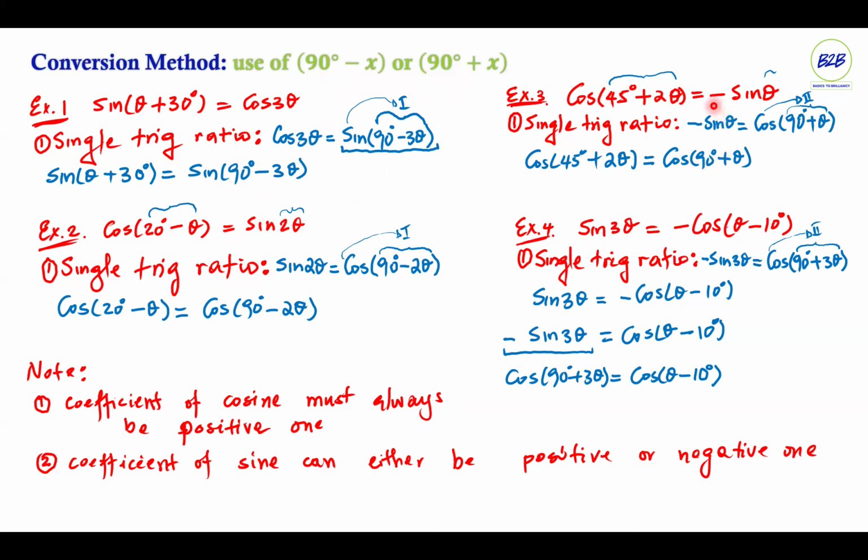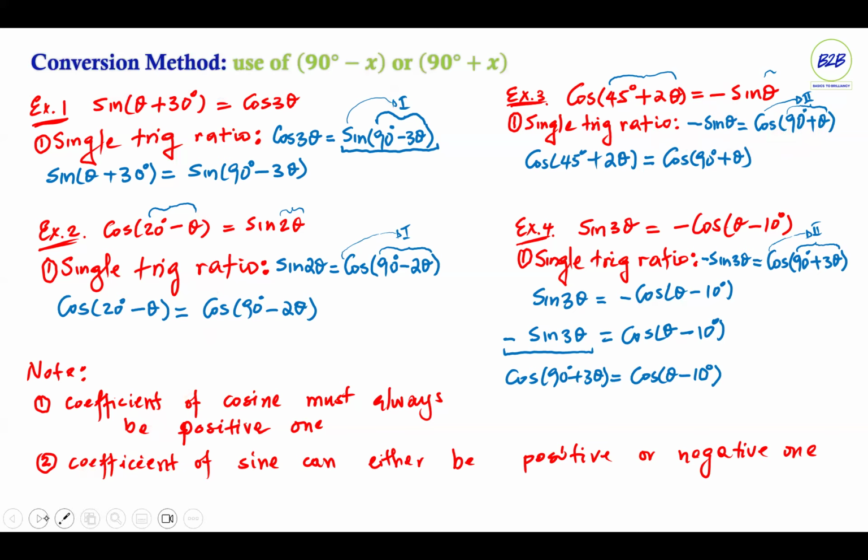However, when the coefficient of sine is -1, then we can't use 90 minus x. We must use 90 plus. I think that is enough to introduce you to this conversion method.